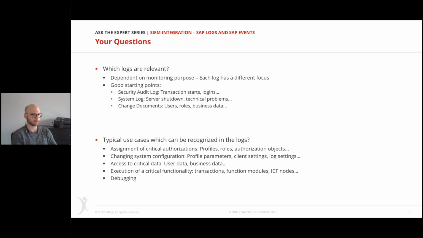Then, of course, what a lot of customers have as audit requirement is the system configuration. So are the profile parameters adjusted correctly? That's really an elementary thing. How are the client settings? Is there any open client? Is a client opened by an attack?